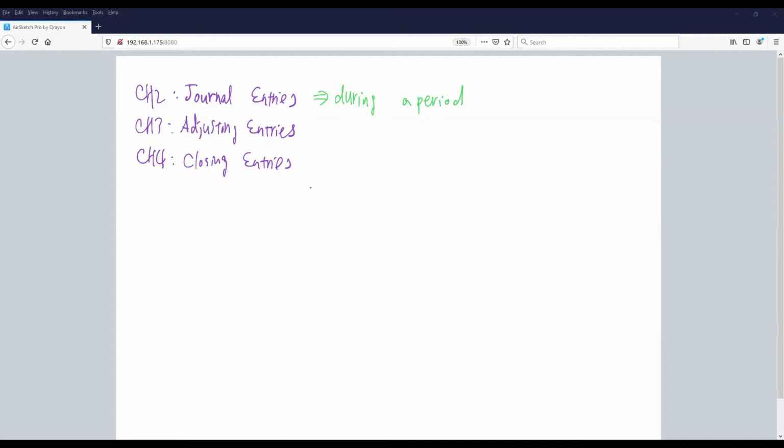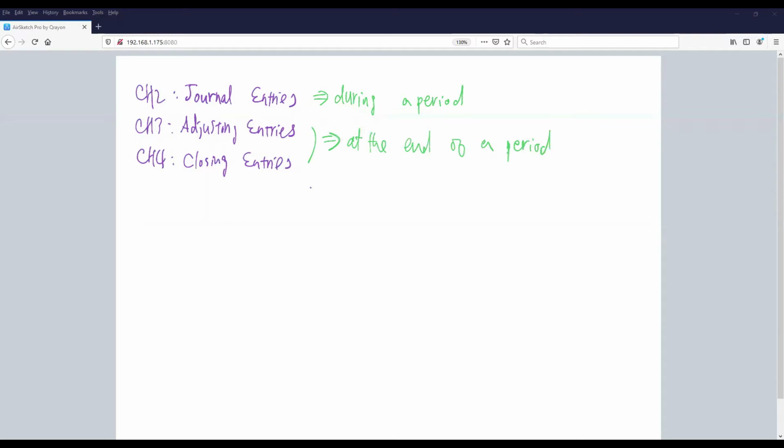Anyhow, during a period, whenever you have a transaction, you record it, and they are called journal entries. But unlike journal entries, adjusting entries and closing entries are prepared at the end of a period.